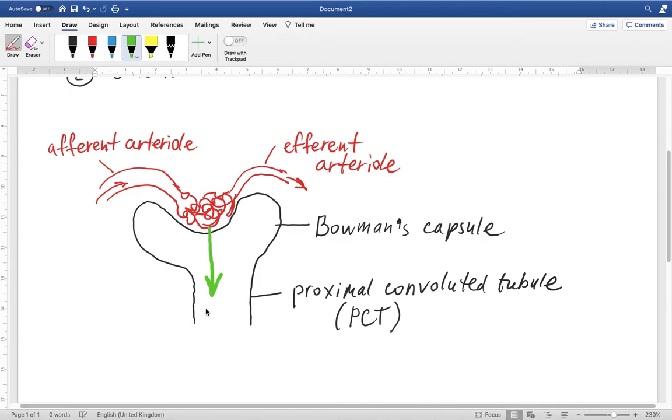That's where you're going to find things like water, glucose, amino acids, ions, and urea. So that's a mixture of some of these molecules. And these molecules collectively, this soup of smaller molecules, is known as glomerular filtrate.